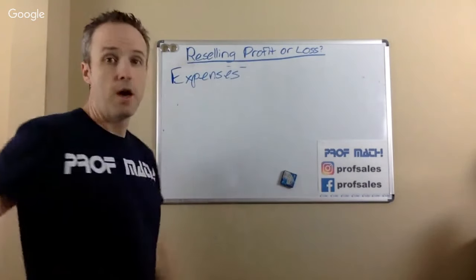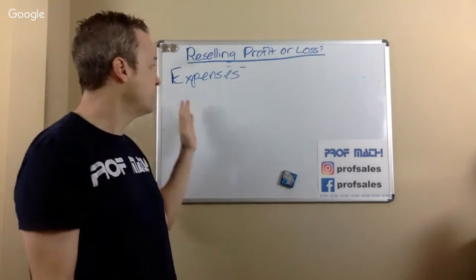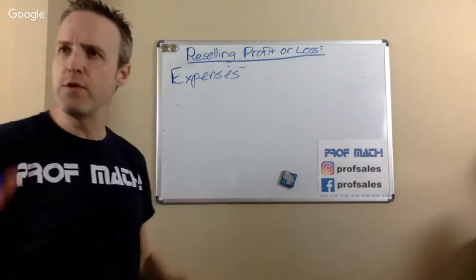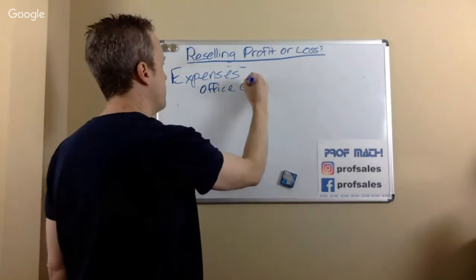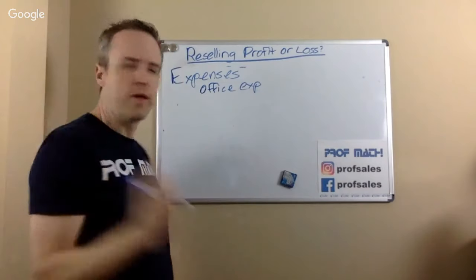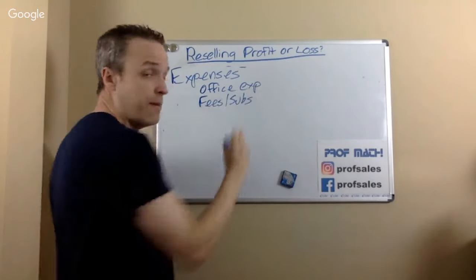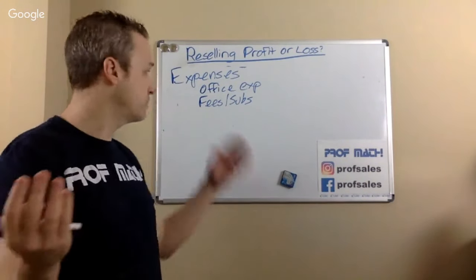Expenses. All right. These are not cost of goods sold. This is not what you pay for inventory. This is all the stuff that happens on the back end. So I'm going to give you a few examples I've got here. So we got office expense. We got fees and subscriptions. Maybe you have a store on eBay and you pay a monthly fee for that, a subscription fee.